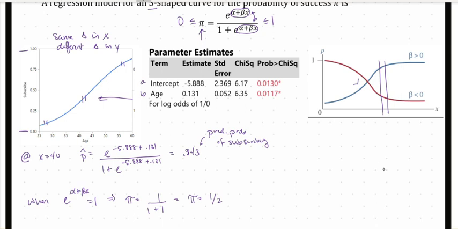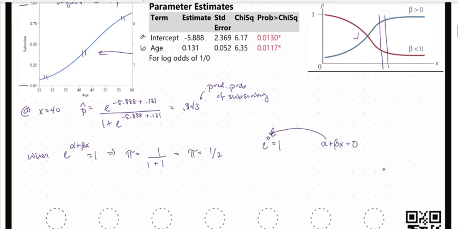But there's something we know about e to the x. e to the 0 equals 1. Anything to the 0 equals 1. So I just need to figure out how to get 0 in that power. Alpha plus beta x is this power. So alpha plus beta x equals 0.